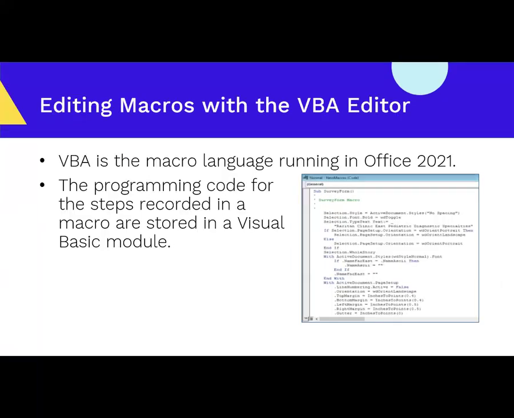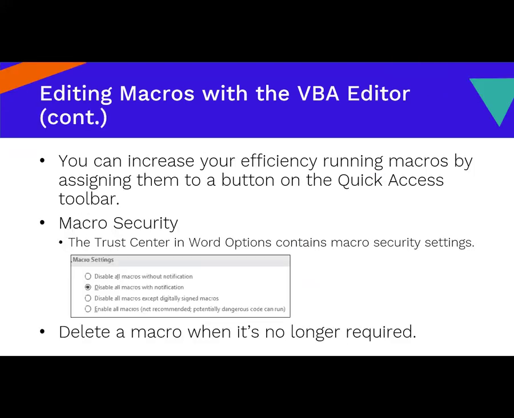Okay, so, editing macros with the VBA editor. VBA is the macro language running in Office 2021. The program code for the steps recorded in a macro is stored in a Visual Basic module. I think some of us have already looked at what that code looks like, but we're going to dive into that.